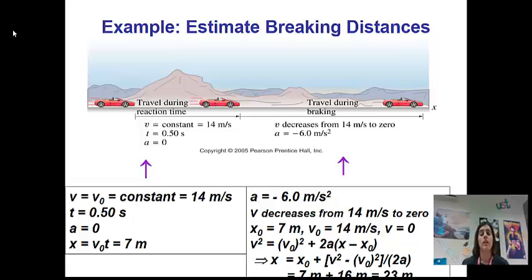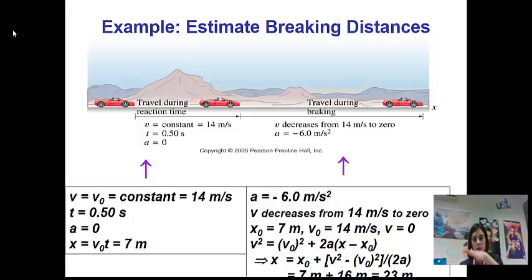That's usually like a reaction time. From there, hit the brakes. How long is it going to take you to stop? So now you're going to accelerate at -6 meters per second squared. We're going to keep braking until we stop, so final velocity is 0. We know that we already traveled 7 meters, so now how much further are we going to travel for our total distance? And we find that we travel a total distance of 23 meters when we plug in all our values.